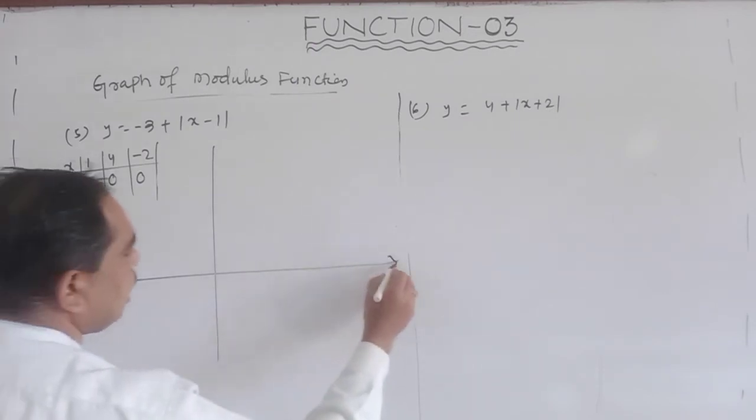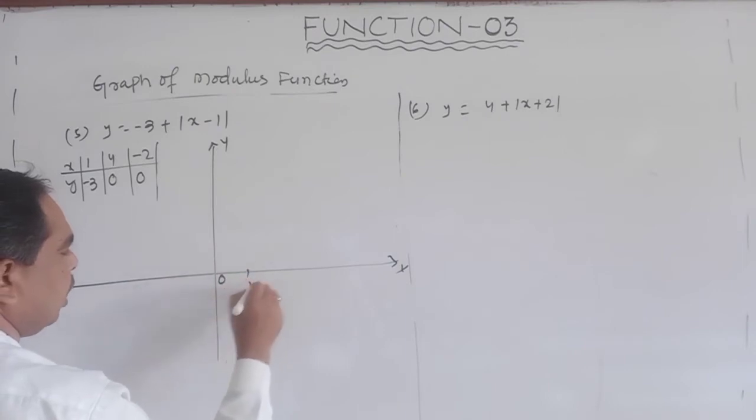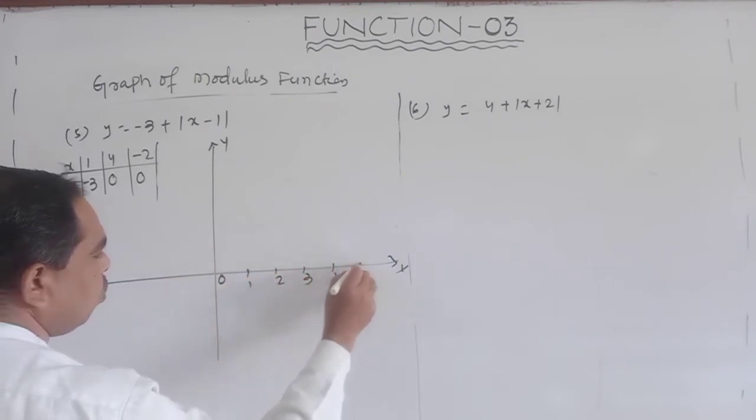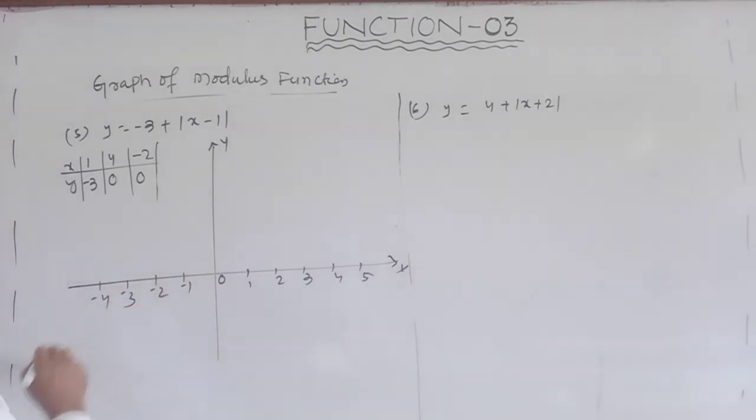This is the x axis, this one the y axis, origin, 1 2 3 4 5, minus 1 minus 2 minus 3 minus 4.